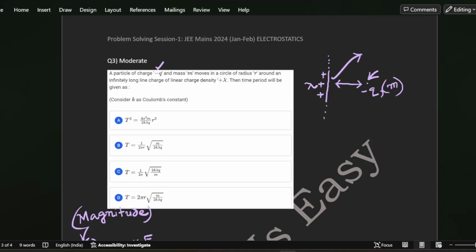The electric field due to an infinitely long charge carrying wire at a distance r, let this distance be r, will be given by E(r), as a function of r. As r changes, the electric field will also change. It will be 2k lambda divided by r.